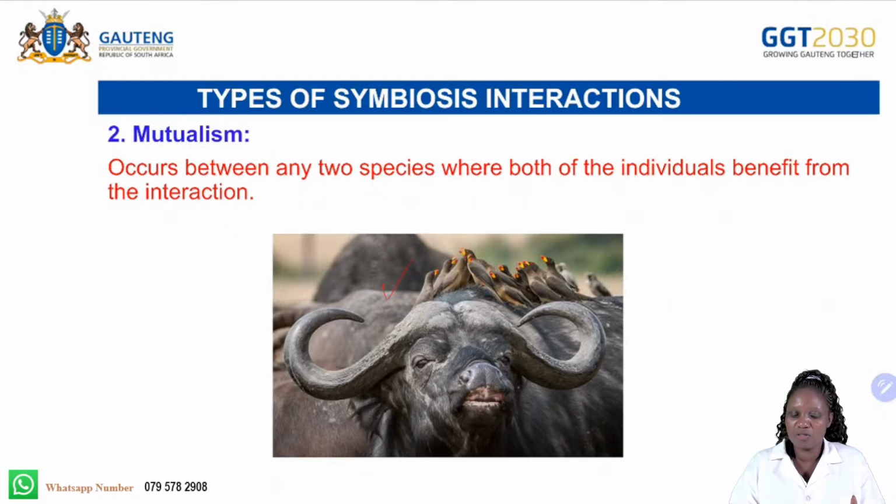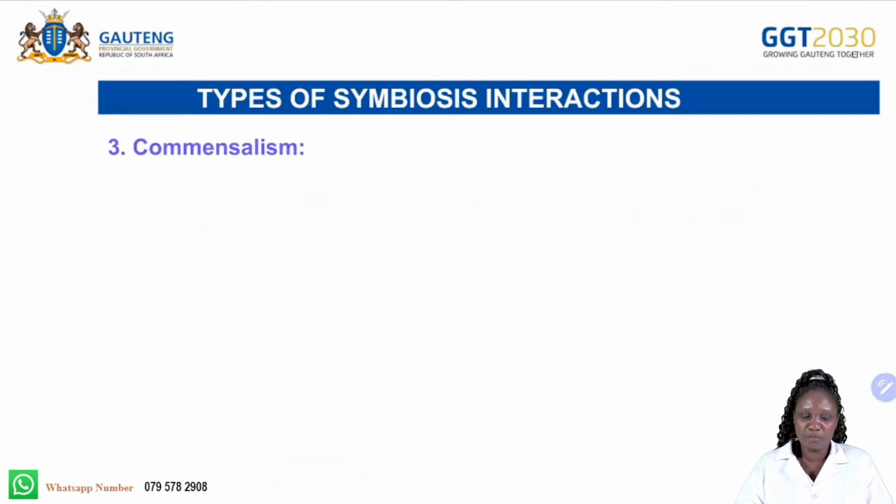And then we've got the birds. Then the birds are going to feed on those ticks, and then the buffalo will benefit because the ticks will be taken away from it, and then the birds will also benefit from the buffalo. Okay, this is mutualism. All right, both parties are benefiting from each other. Is that clear? Good. All right, let's move on.